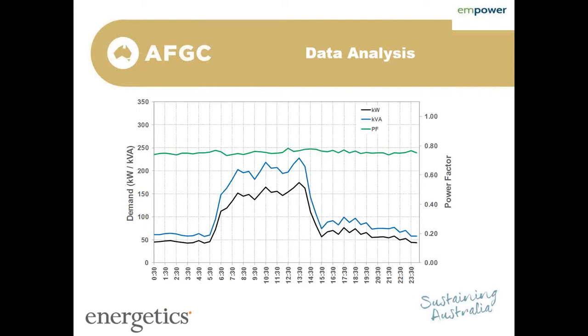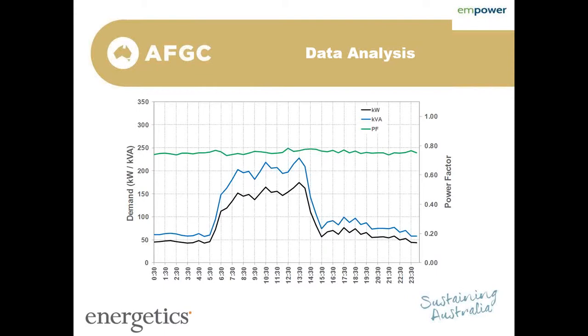Okay, so I've got an example here from a typical site, and this is quite a common trend. We've got a relatively low base load of around 50 kilowatts, and then through the day we see that black line lift up as production increases, and then drop back at the end of the day to that baseline.